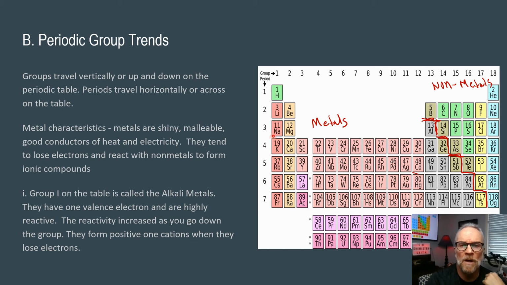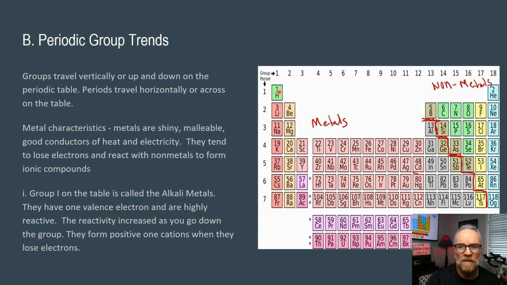But lithium, sodium, potassium, rubidium, and so forth form the alkali metals. And alkali means base forming. So when these metals react with water, they form basic solutions. They form hydroxide ions in solution, and that's where that word alkaline or alkali comes from.